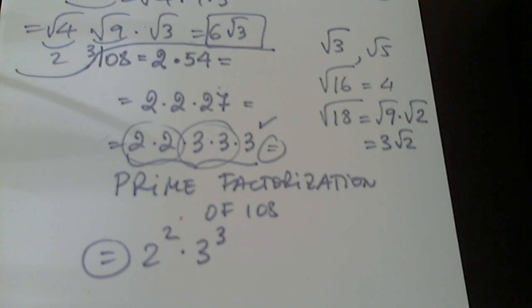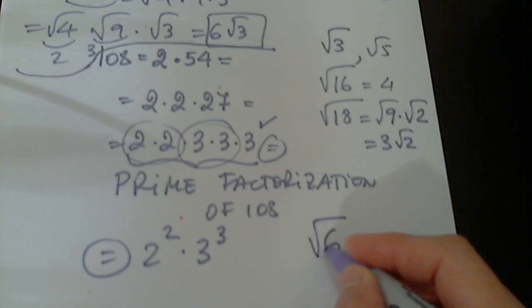Sometimes, however, I'm thinking for a second, can I have a radicand that is not prime? Yes, I can have a radicand that is not prime. So this is a trap. I can have a radical that is not prime.